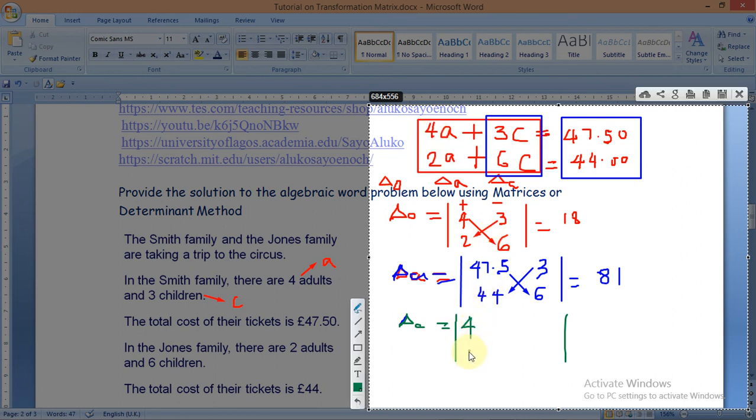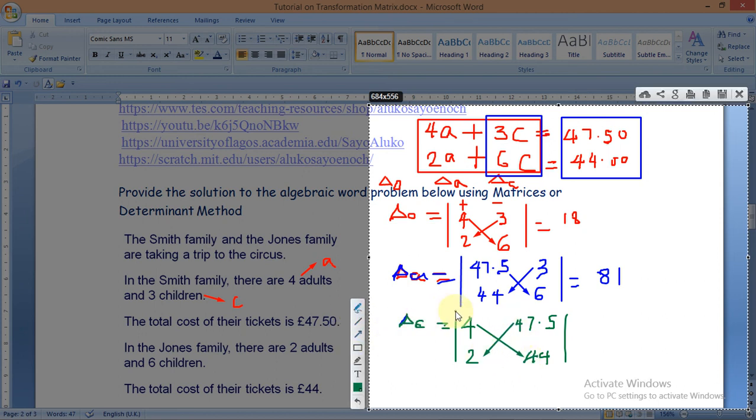So 4, 2, then exclude C because I'm looking for C, then you work with 47.5. Do you see the beauty of using the determinant method? You just need to do the determinant, you are not finding the cofactor, no inverse or anything. That's a good one.